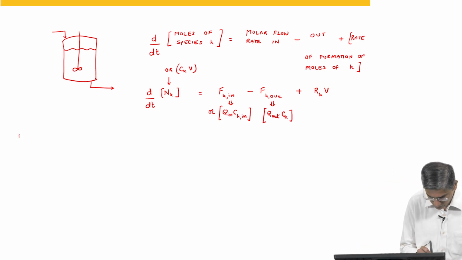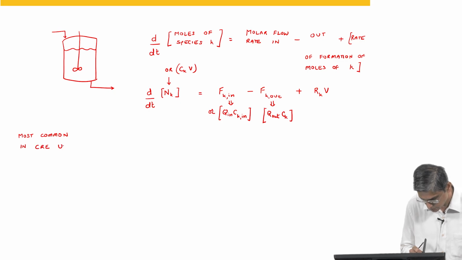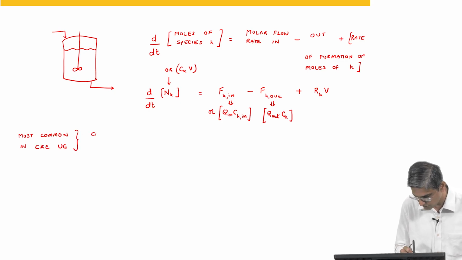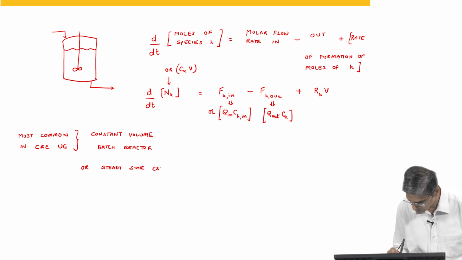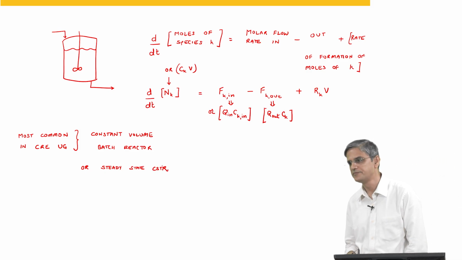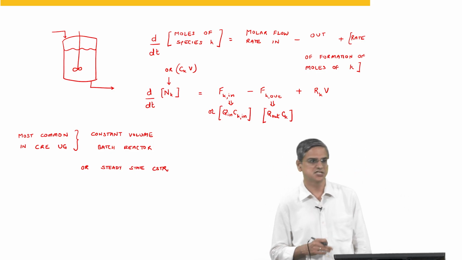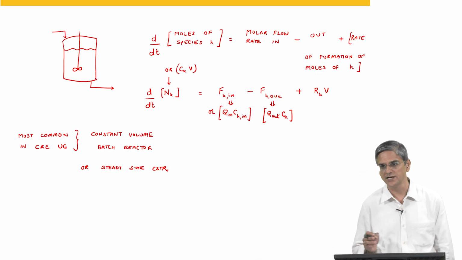So, the most common cases in undergraduate that you saw were constant volume batch reactor, or steady state CSTR. What does steady state CSTR mean? Things do not change with time.